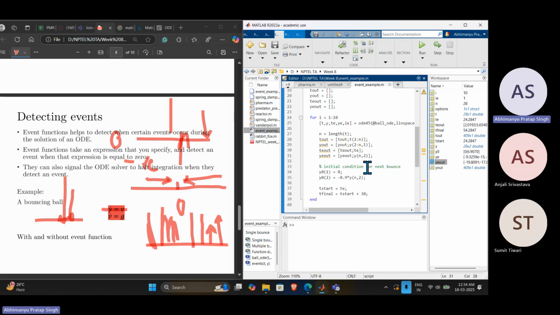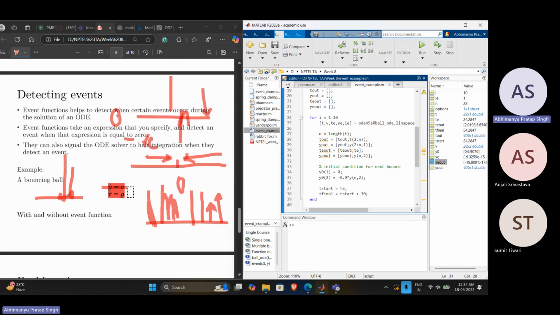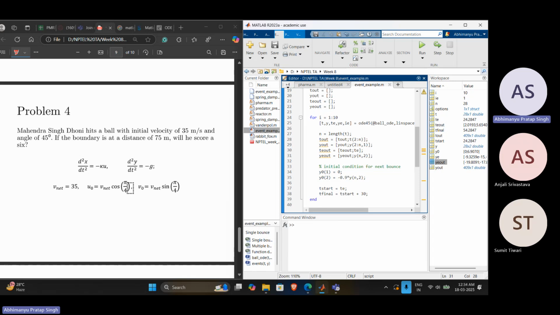So this is the event function. We can use a similar function for the Mahendra Singh Dhoni example that the professor showed us in the video lecture. The question was, if the boundary is at a distance of 75 meters, will he score a 6? So you just need to check when this y value is becoming 0.